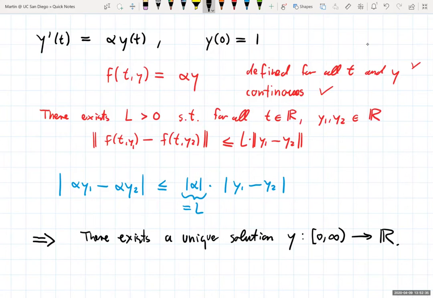In fact, this also agrees with what we already know about this differential equation, and namely we remember that the solution y(t) has the explicit formula exponential of alpha t.